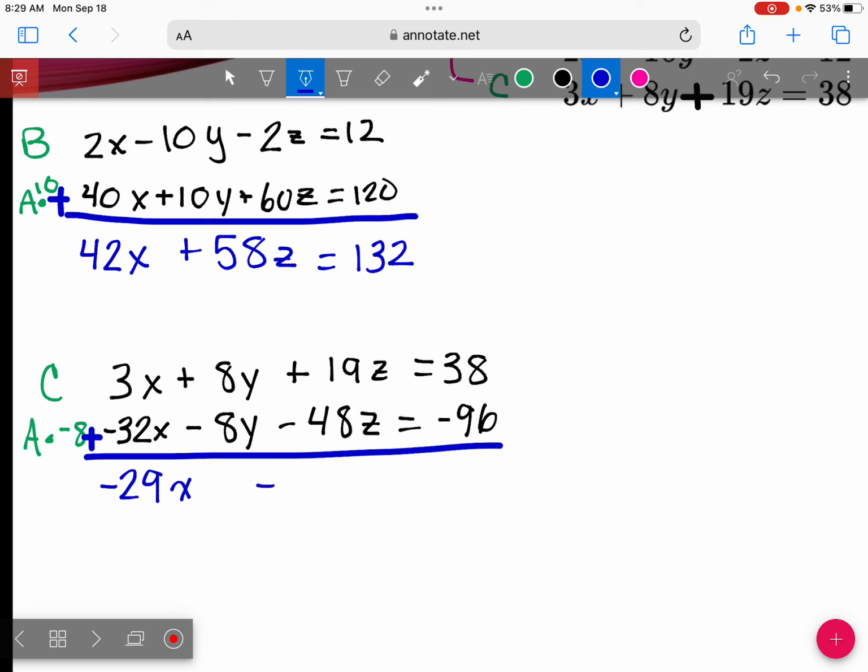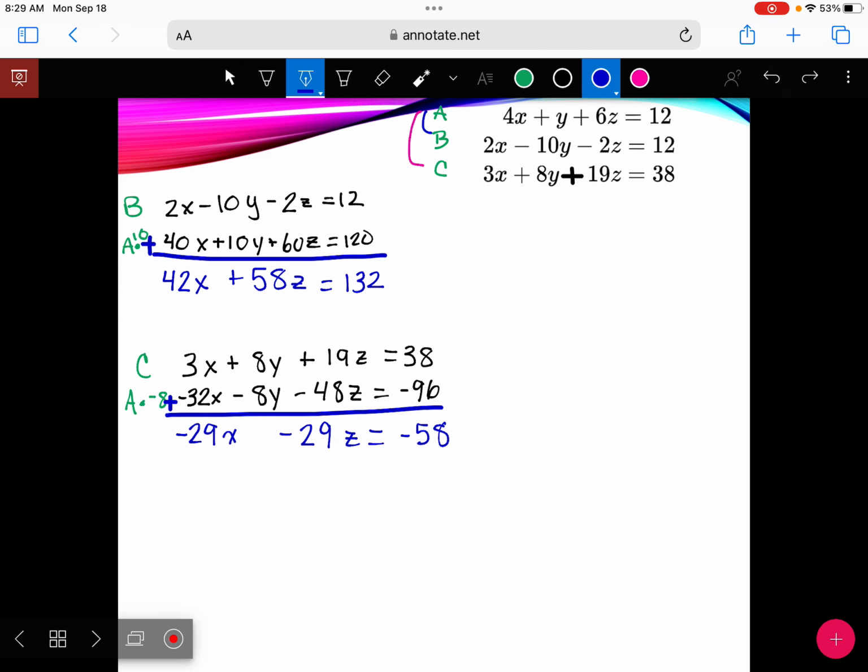Then we have minus 29z equals negative 58. And in general, it's better?